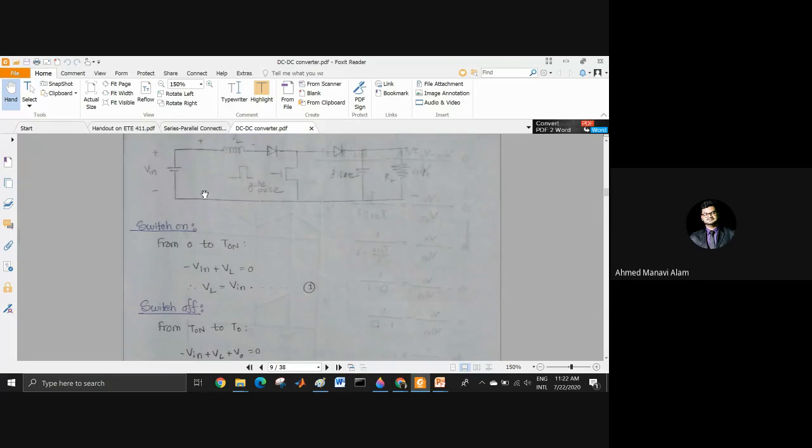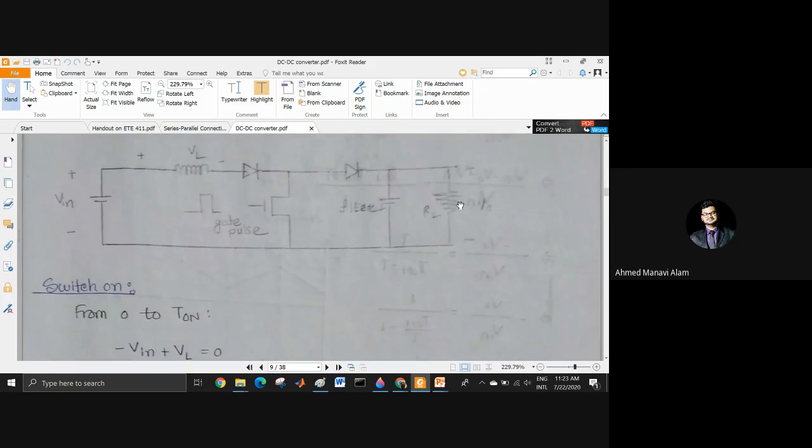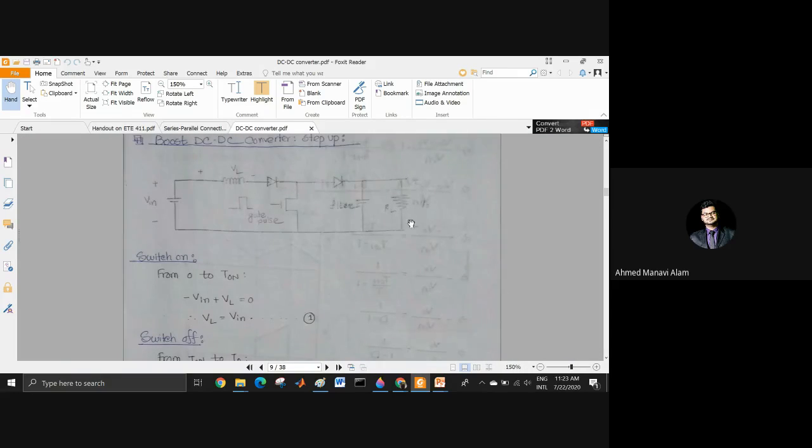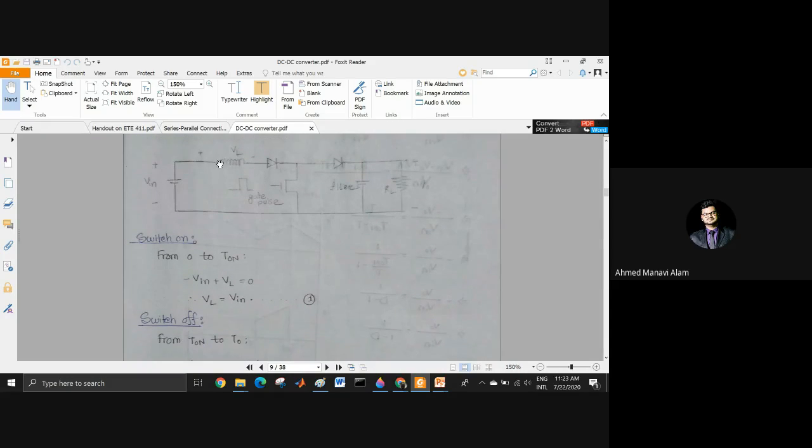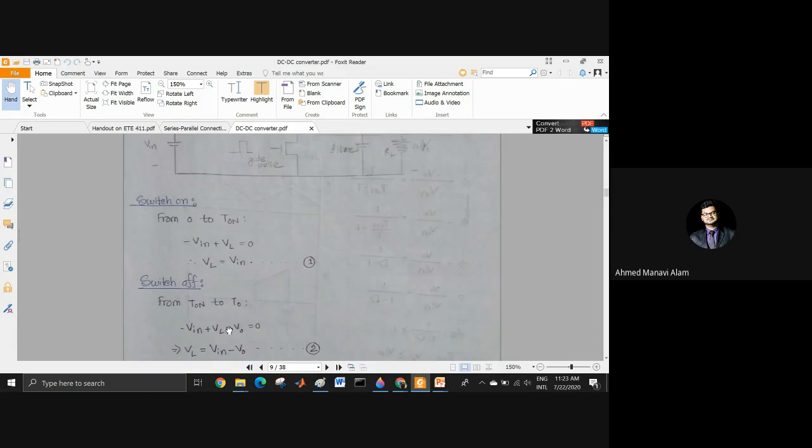Now if we put KVL on, then minus V in plus VL, and here the voltage across this filter is plus V naught. It may be unclear, so whenever you are writing the lecture, make it clear. So here it is V naught. So minus V in plus VL plus V naught equals 0. Very simple, very straightforward. There is no rocket science behind it.